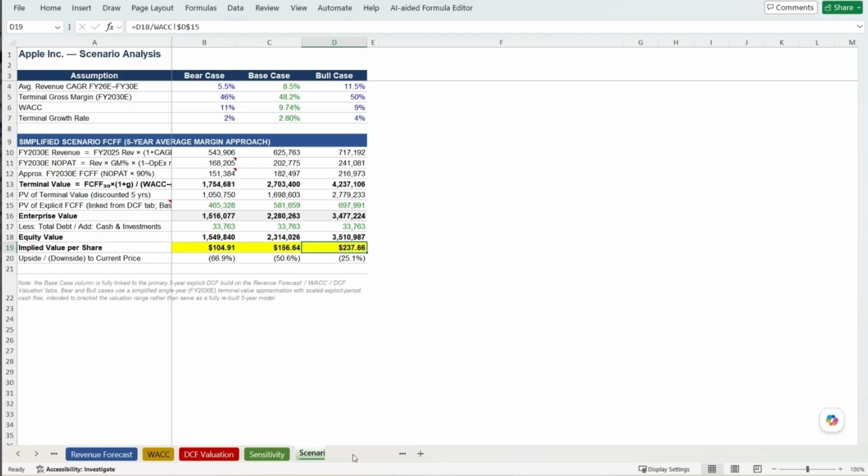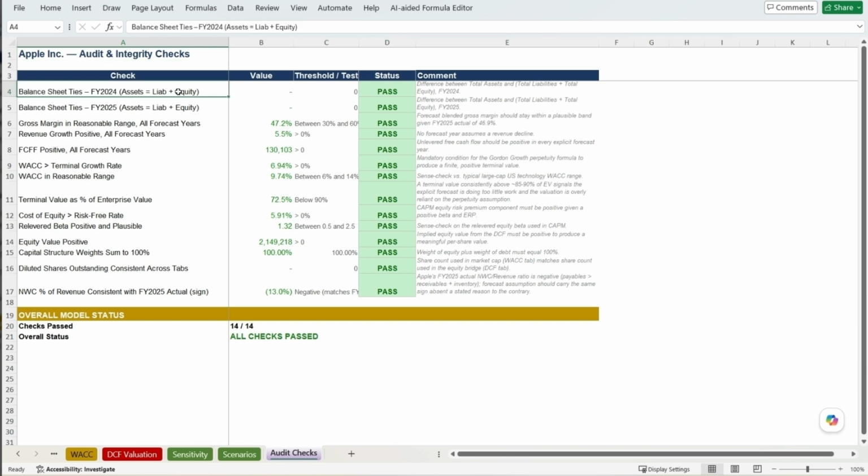At the end, we have the audit checks. We had asked it to place certain audit checks in the model. So here it is. So it is asking whether the balance sheets are tying. So balance sheets are tying, whether gross margin is reasonable, revenue growth is positive, WACC is greater than the terminal growth rate, is it reasonable, terminal value as a percentage of enterprise value.